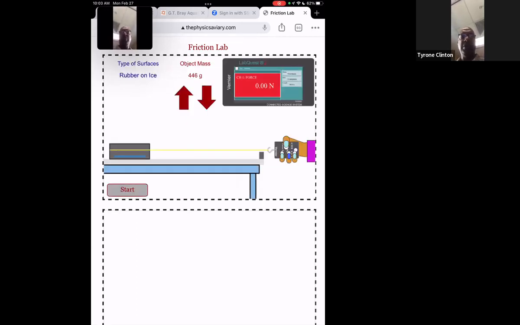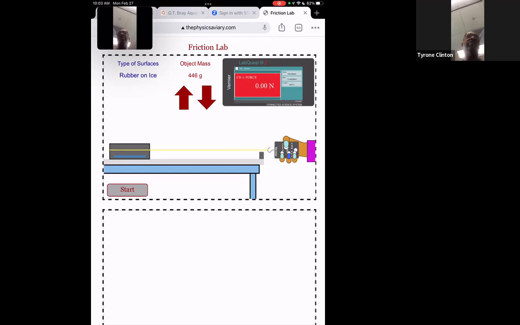So with this lab, what we're going to be trying to do is figure out the maximum frictional force that you can exert on this object. And if you look through the directions, I'll probably give you a specific scenario. More than likely, it's going to vary from semester to semester.